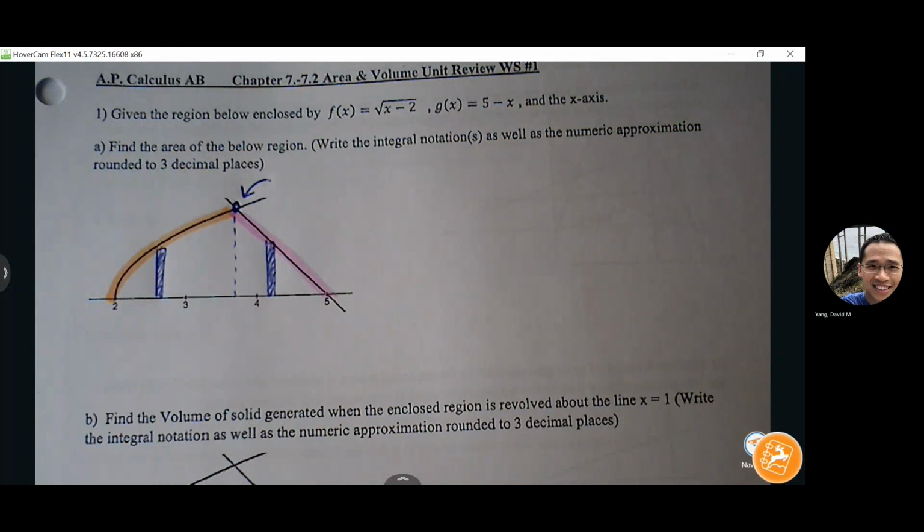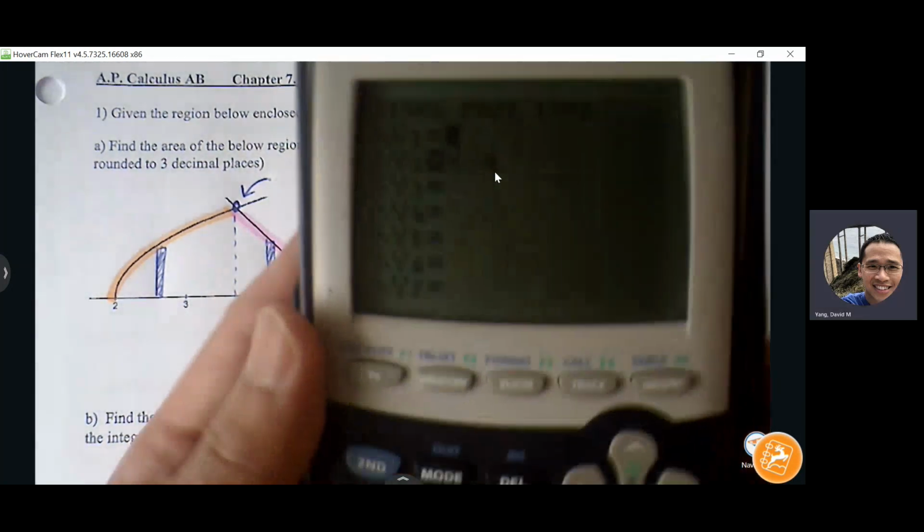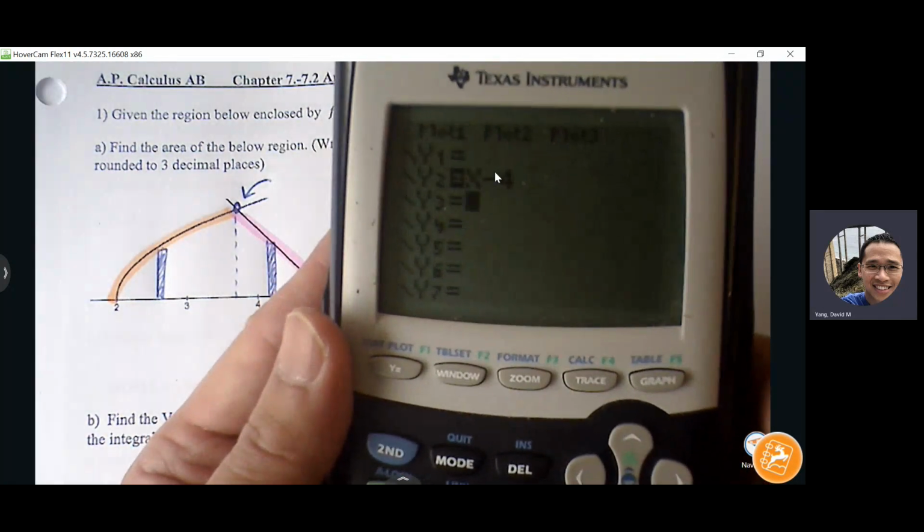In your calculator, I'm going to type in both graphs.